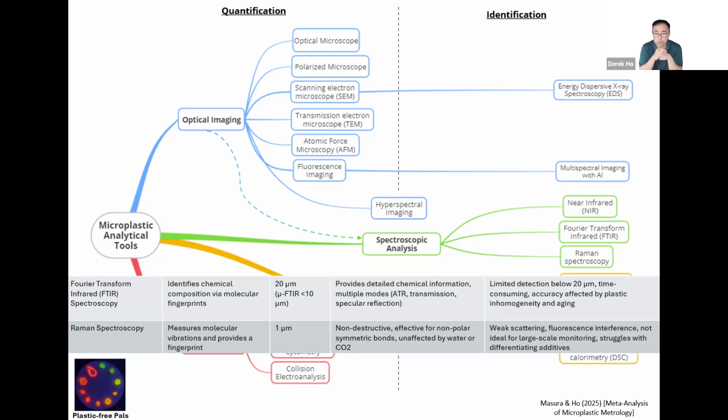FTIR is also susceptible to water, and that may actually change the spectral peaks. Raman spectroscopy, on the other hand, is able to go far smaller, all the way down to 1 micron. However, it is subject to interference with fluorescence. So Nile red stained microplastics are unable to be used with Raman spectroscopy because it blows out the spectra.